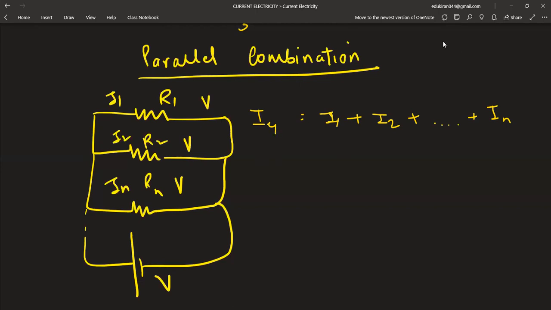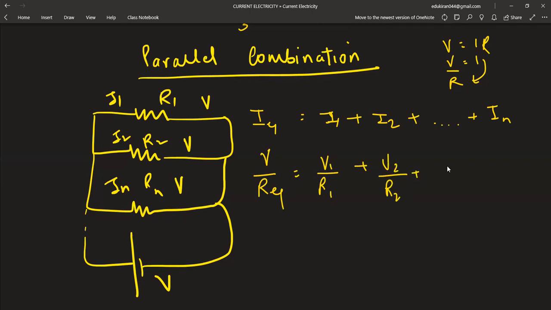So you know V is equal to IR. So current will be equal to V divided by R, right? So voltage divided by equivalent resistance, V1 divided by R1 plus V2 divided by R2 up till Vn divided by Rn.